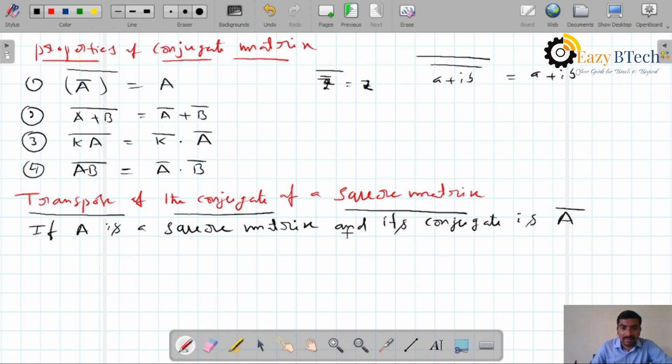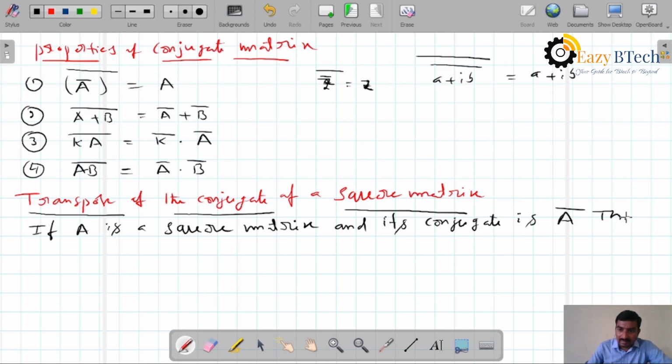A is a square matrix and its conjugate is denoted by A bar. Conjugate means replace every element by its conjugate complex number, that means replace i by minus i. Then it is denoted by A bar.